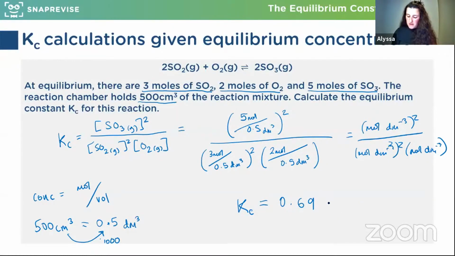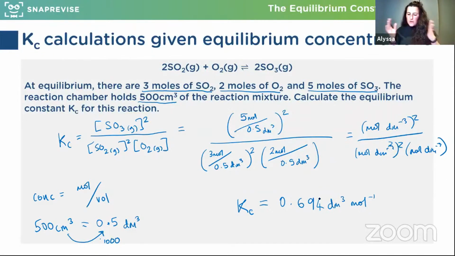I'm going to write it that way around. Yeah, 0.694. Lovely, but I'm only going to write it as 0.7. Well, I could write it as 3 decimal places, but we've only really been given 1 significant figure in the answer. So if this were an exam question, they couldn't really expect us to give it to any more than 1 significant figure, because that's all we were given in the question.